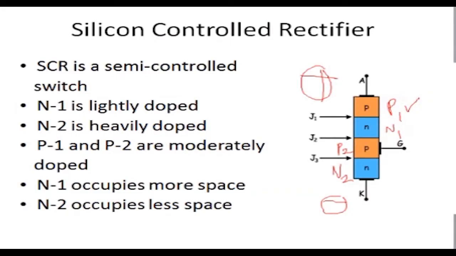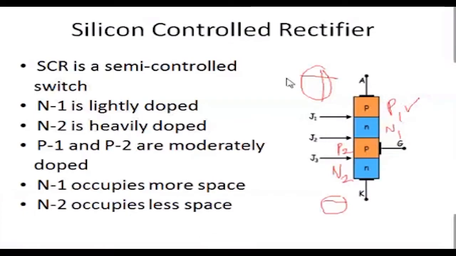Now let us reverse bias the SCR. Reverse bias means what? Now I will connect the anode to the negative terminal of the battery and the cathode to the positive terminal of the battery. Then what happens?